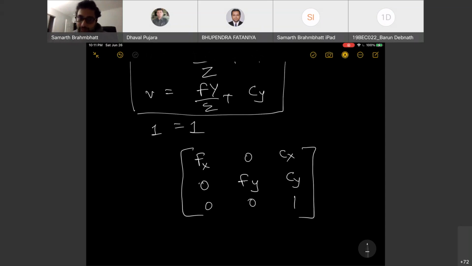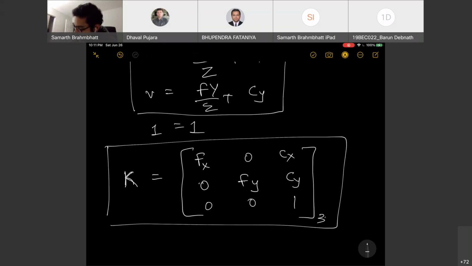And that does not affect the focal length, but the actual lens and things like that are different along different directions. This is denoted usually by K. K is your 3x3 intrinsic matrix.